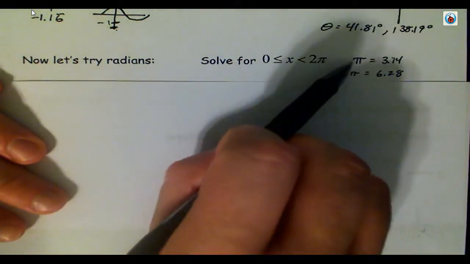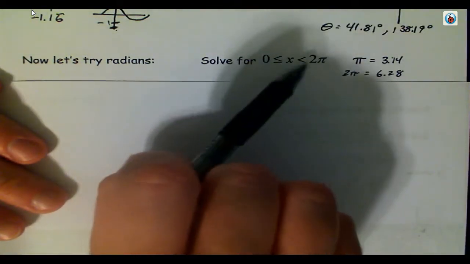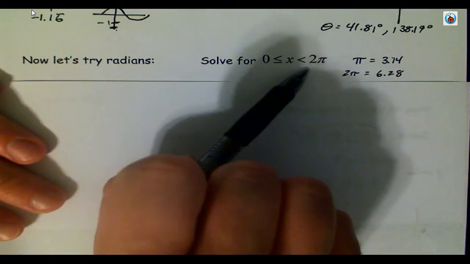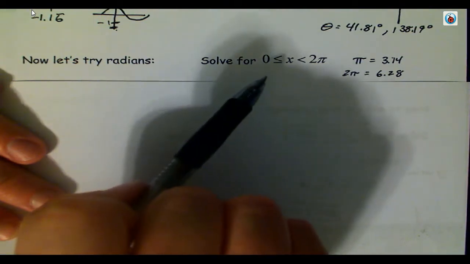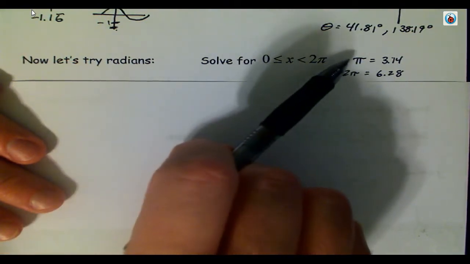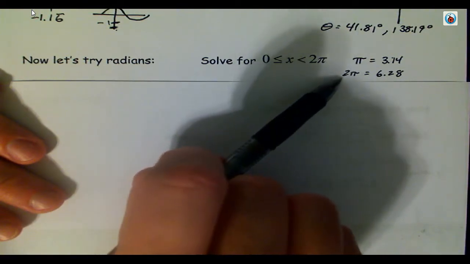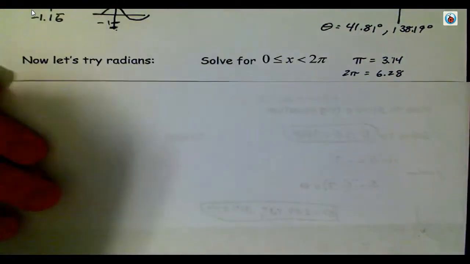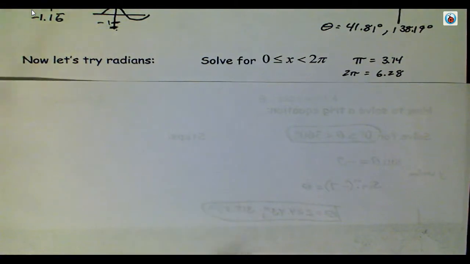Remember, these are very important because we've been adding and subtracting by 360 and 180. This is the same thing as 180, and this is the same thing as 360. You'll notice that everything we're about to do is the exact same, but we're using radians now.